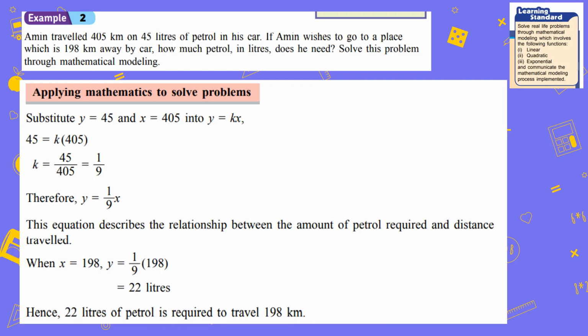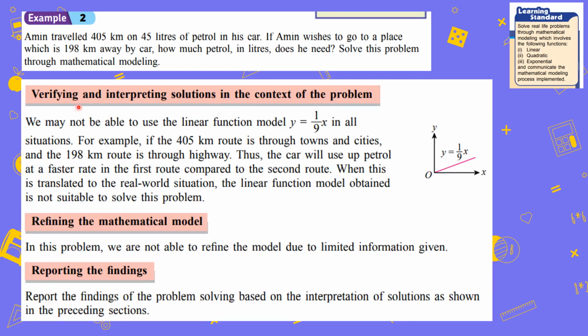Next component, to verify and interpret solutions in the context of the problem. So we need to relate the situation with the solution that we found just now. We may not be able to use the linear function model in all situations. For example, if the 405 kilometer route is through towns and cities, and the 198 kilometer route is through a highway, the car will use up petrol at a faster rate in the first route compared to the second route.